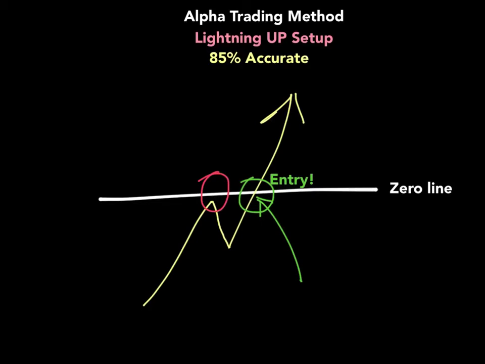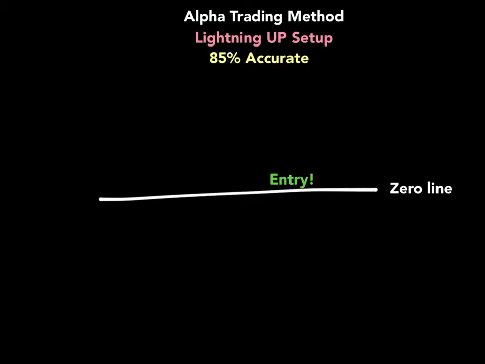Let me draw that once again, just for you to understand what I'm talking about. We have the zero line right there. Then we have a touch, and then we have a retracement, and then we have a long movement up.